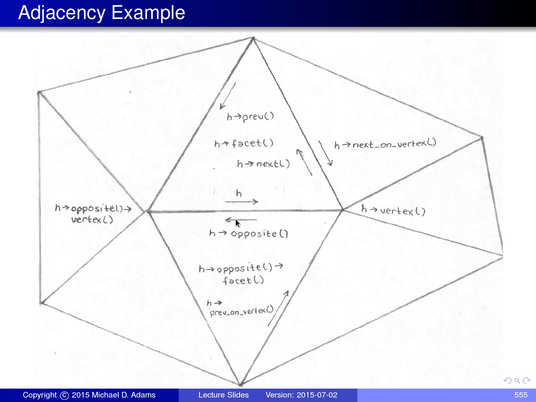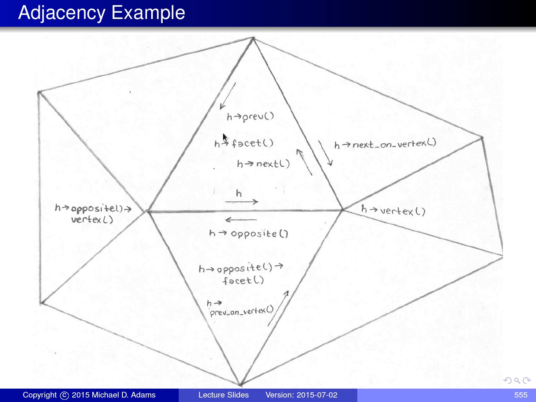So this would be H opposite. If we wanted to know the incident facet for this half edge H, we could call the facet member function for H. The facet that's on the left-hand side of this half edge H is this triangle facet here. So this corresponds to H facet.